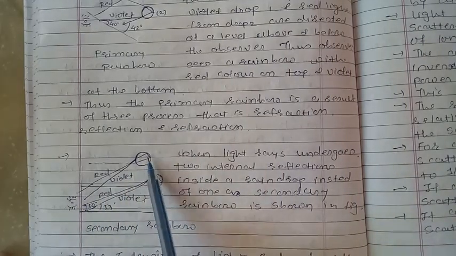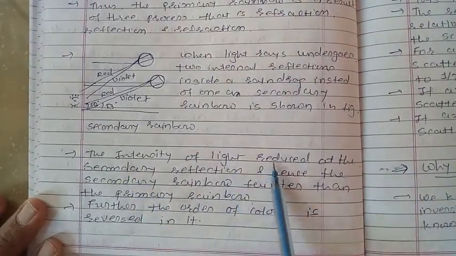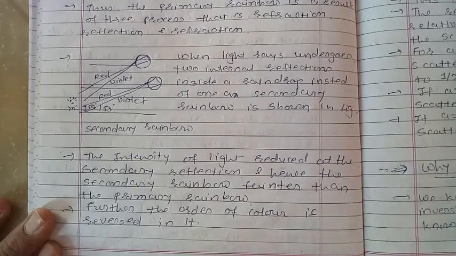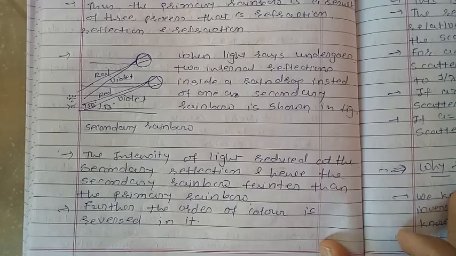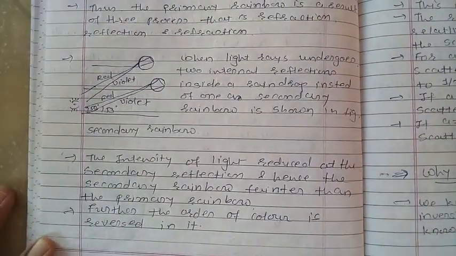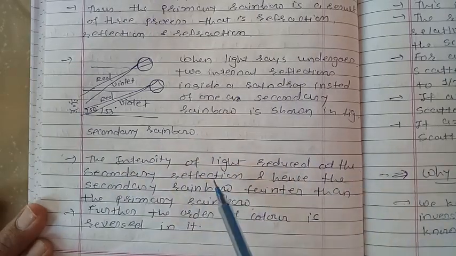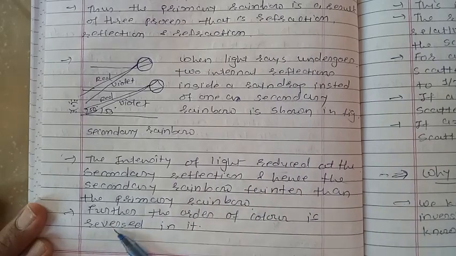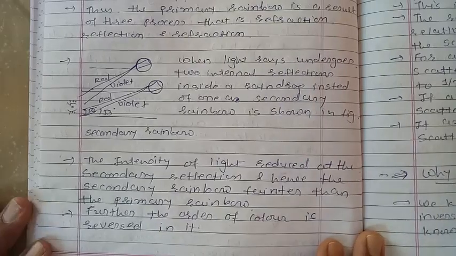When 2 internal reflections occur, it is found that the intensity of light is reduced, and hence the intensity of the secondary rainbow is less than the primary rainbow, right? So the secondary rainbow is fainter than the primary rainbow, and further the order of colors is reversed in it, because in this case 2 internal reflections occur, right?